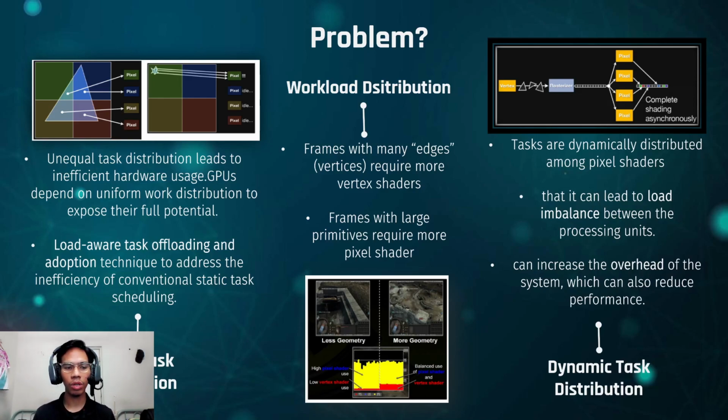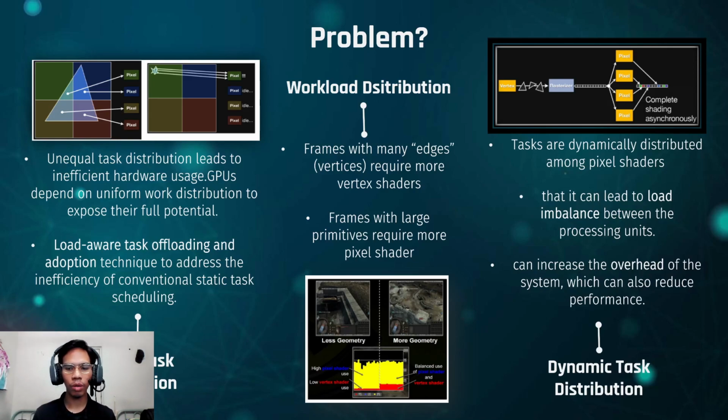There is also a load aware task distribution and adaptation technique to address the inefficiency of conventional static task scheduling. Then it shows workload distribution. Workload distribution is: a frame with many edges and vertices requires more vertex shading, and a frame with large primitives requires more pixel shading.